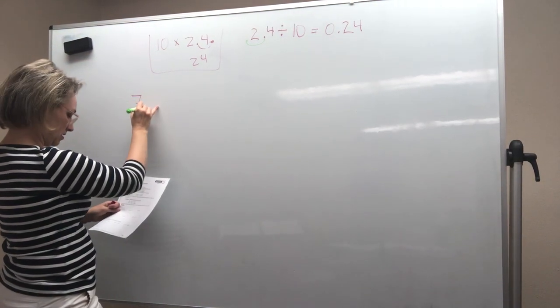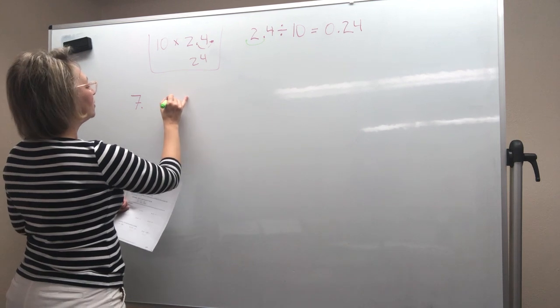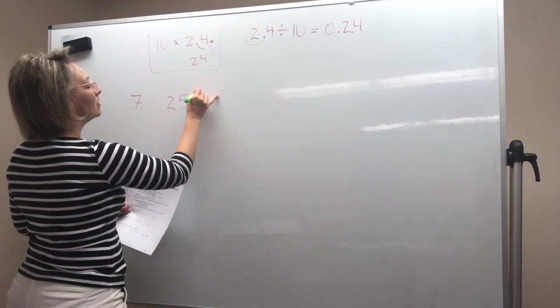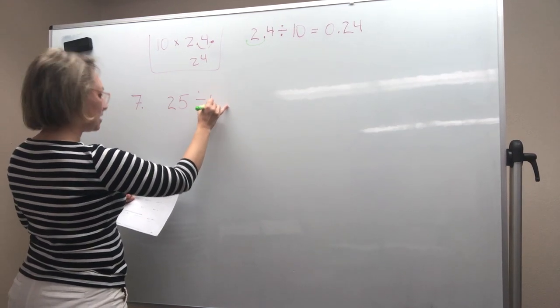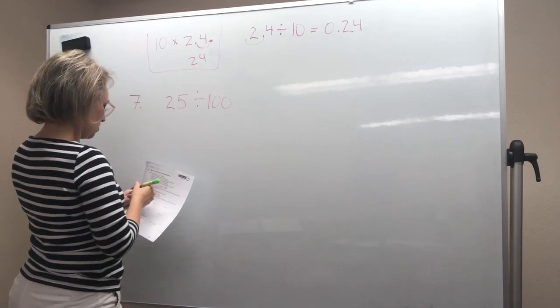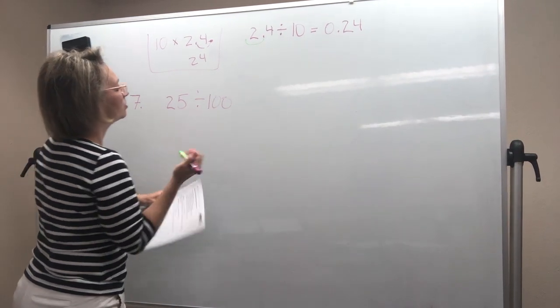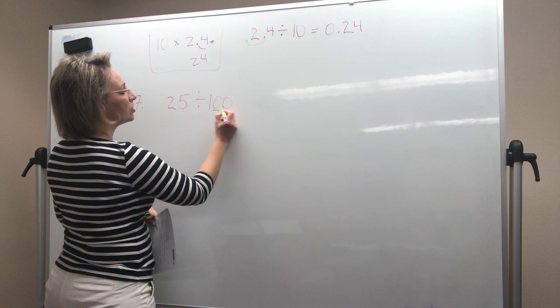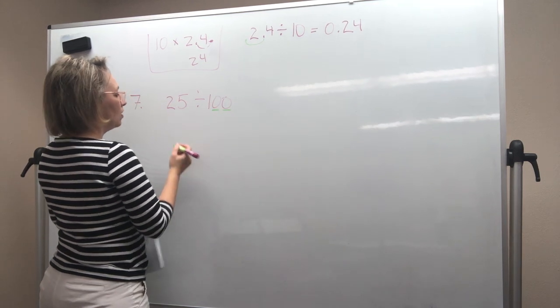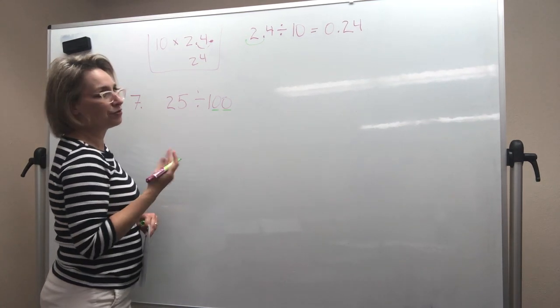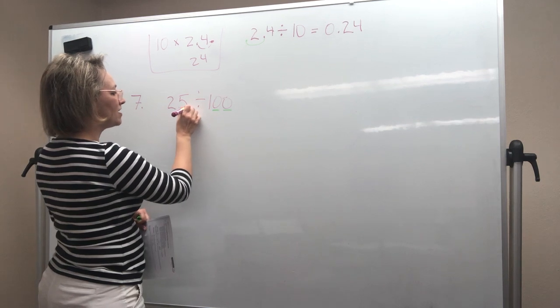Number 7. We have 25 divided by 100. Okay, so let's count how many zeros there are. There are 2. Where would the decimal be in a plain 25? It's right there at the end of it.